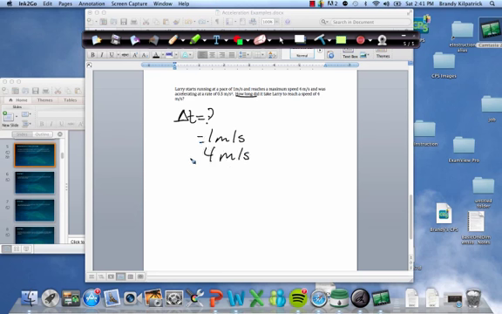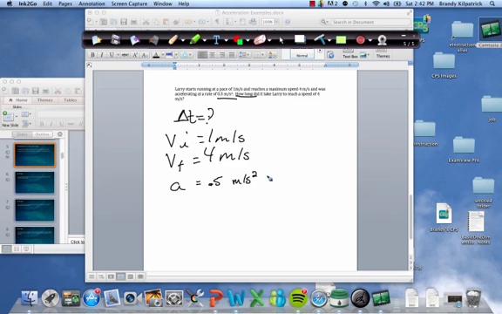So these are both velocities, so now I need to decide which ones. If he starts running at 1 meter per second, that means that's the initial, and then he reaches a maximum of 4, and then he was accelerating at a rate of 0.5 meters per second squared. I know this will be acceleration because it's got meters per second squared.